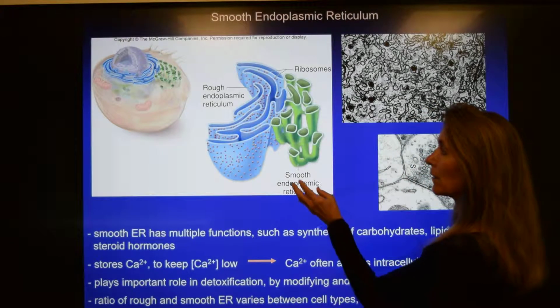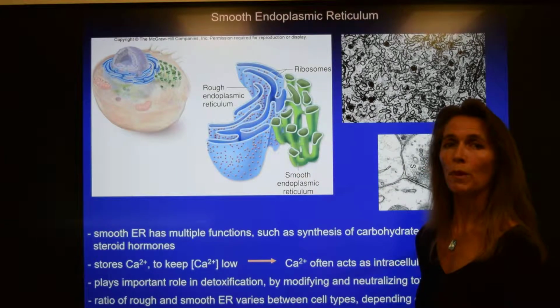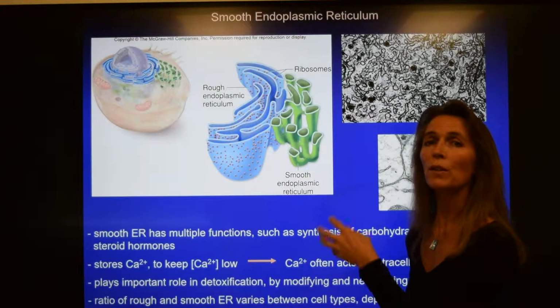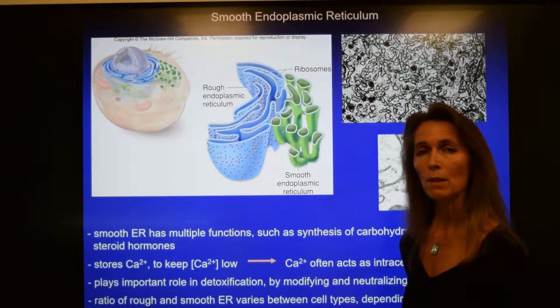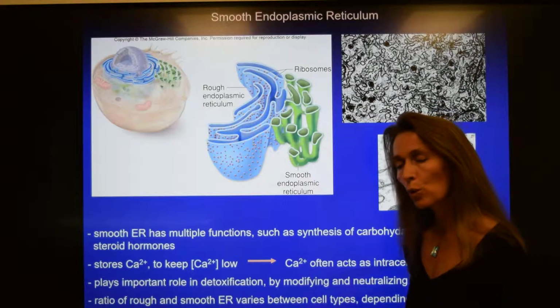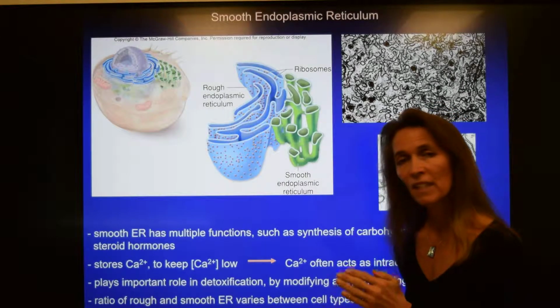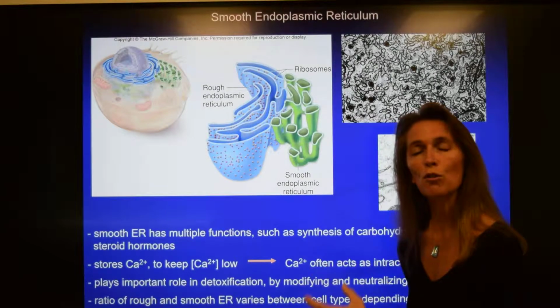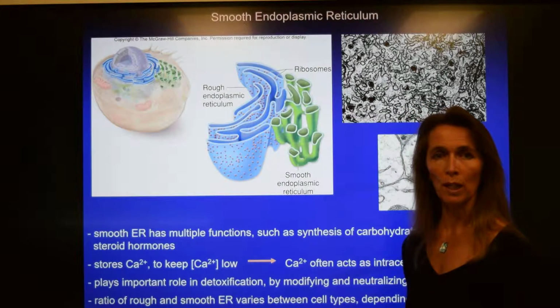And for that reason, for example, the calcium is stored within the lumen of the smooth endoplasmic reticulum and is only released if there's a specific signal that triggers this release of the calcium from the smooth endoplasmic reticulum.